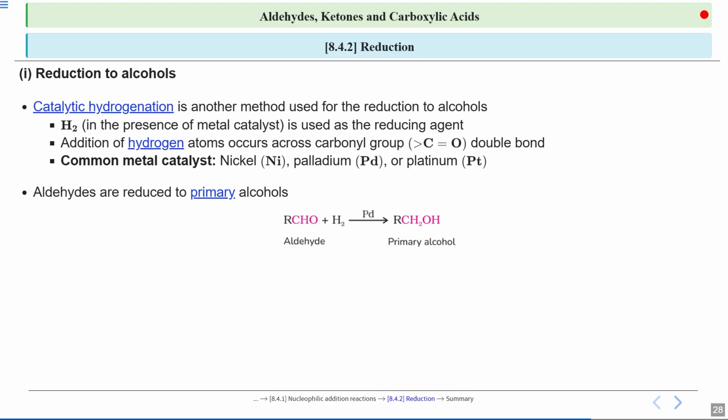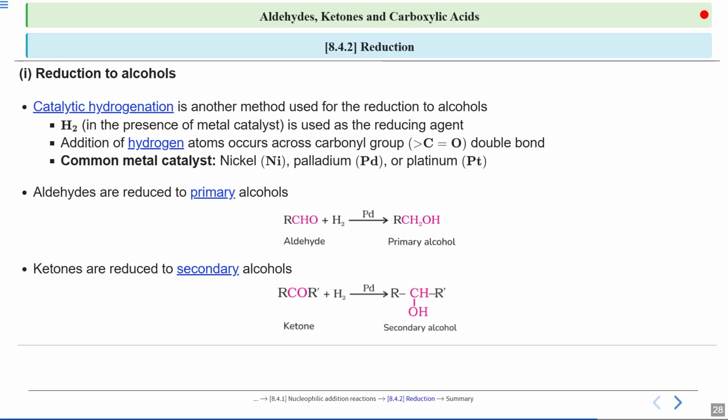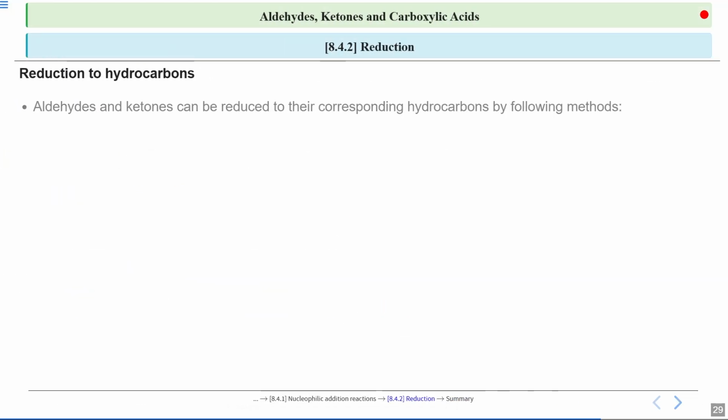So in catalytic hydrogenation, you will see that H2 is used as a reducing agent. So this is another method of reduction. Aldehydes get reduced to primary alcohols by catalytic hydrogenation in the presence of a metal catalyst, and ketones are reduced to secondary alcohols. If you see, this is a ketone, and it is reduced to a secondary alcohol.